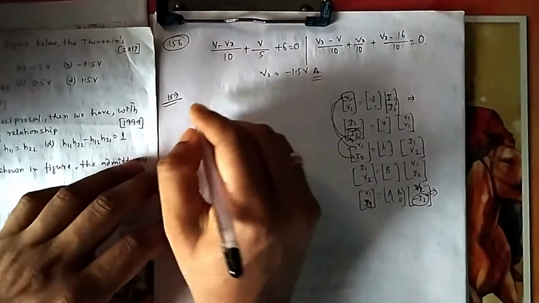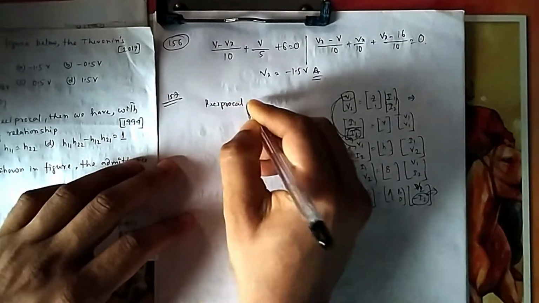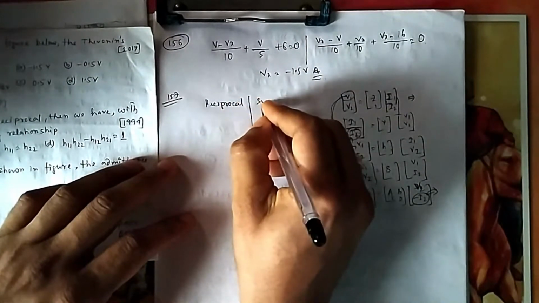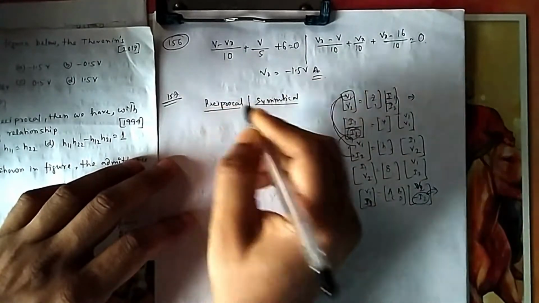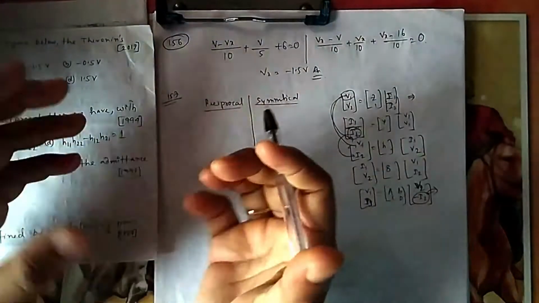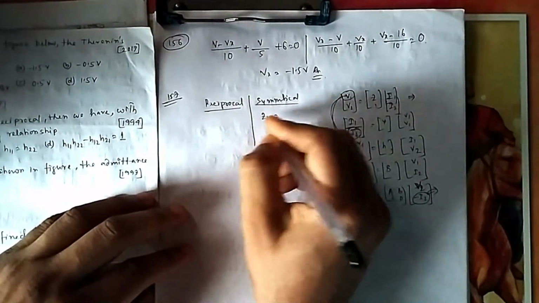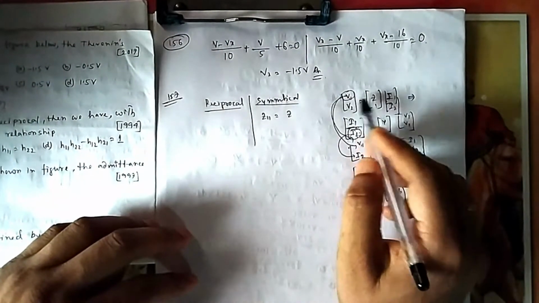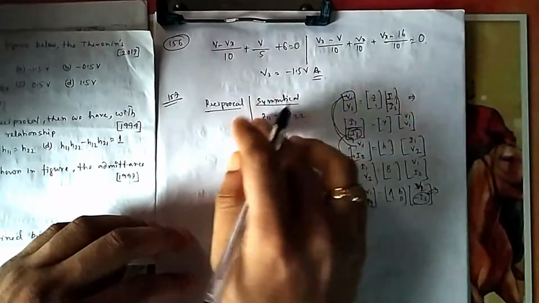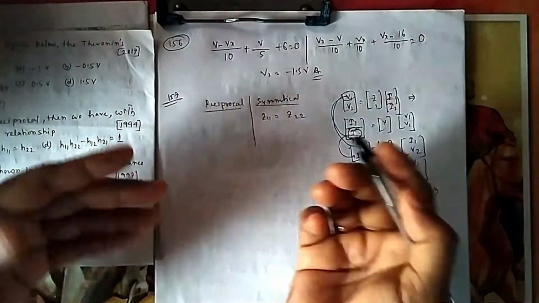Okay, now for the reciprocal and symmetrical conditions, you remember this one. For all these I am writing a short note so that you can remember. For a reciprocal and symmetrical network, if it is Z, symmetry means it should look the same from one side and from the other. The input impedance from side 1 is actually V1 by I1, so Z11 should be equal to Z22.